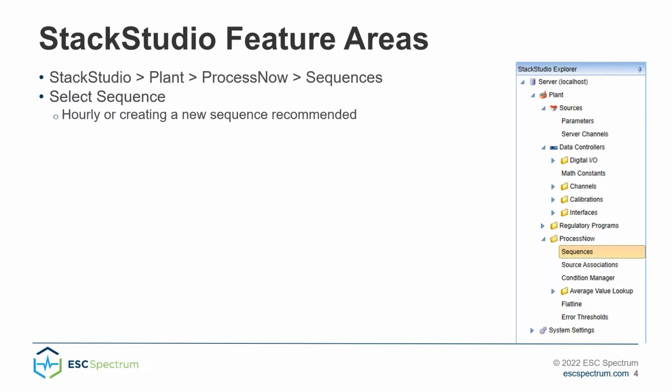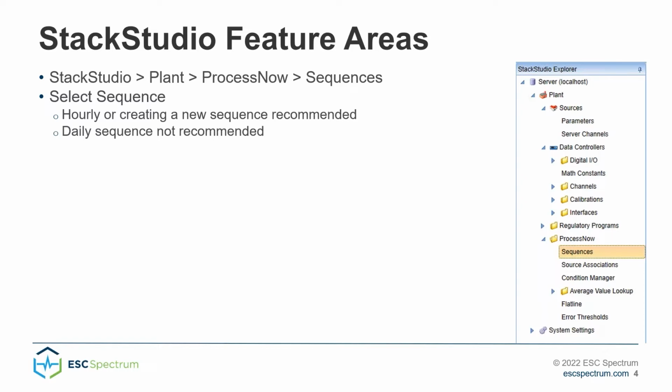Typically, the sequence that's run every hour is just named hourly or has a couple other descriptors in it. But I generally think you should typically create a new sequence for this, which I'll go over the reasons of why when we dig a bit more into the tool.